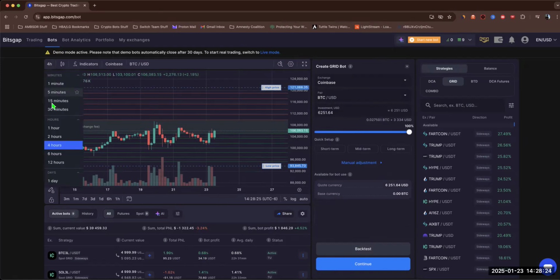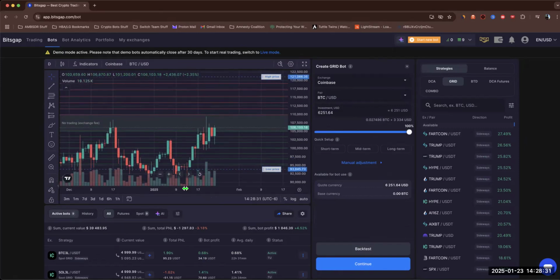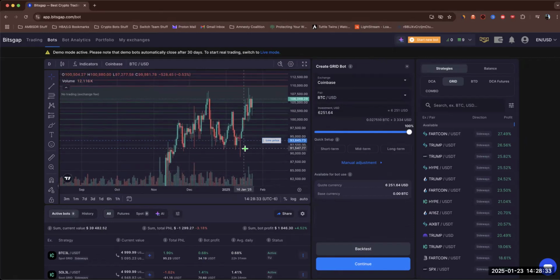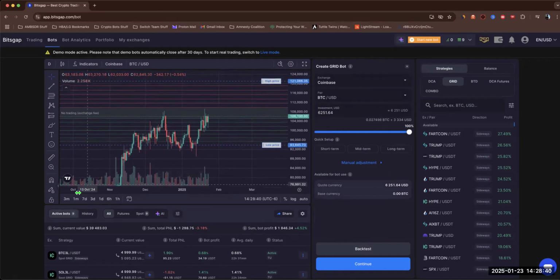You can change to day candles. If you're really not familiar with TradingView, or just navigating charts, that's a whole other video for you, but that's where this pulls from. So it's going to be the same kind of deal.